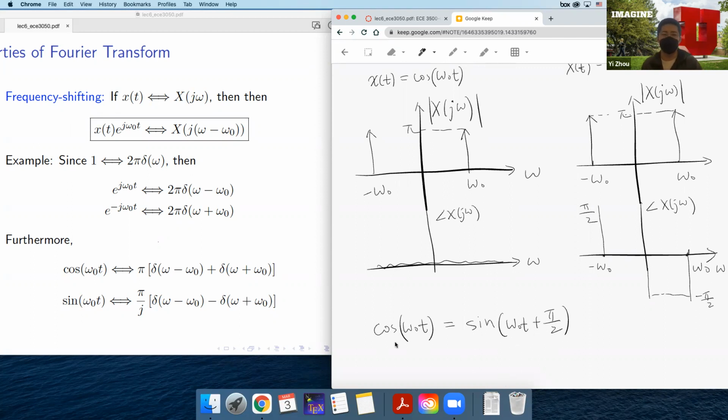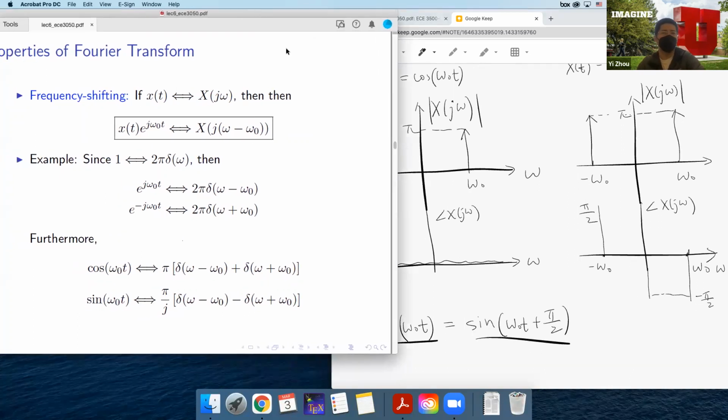Yeah, so they are different by a phase shift of pi over 2. So that is why their phase spectrum are different by pi over 2. Okay, so this is the frequency shifting property.